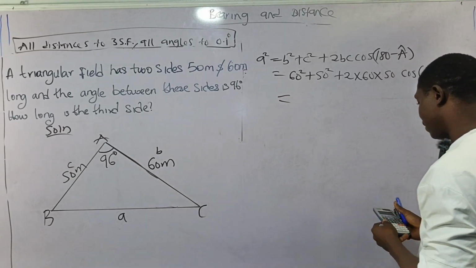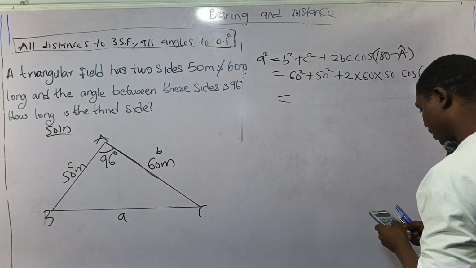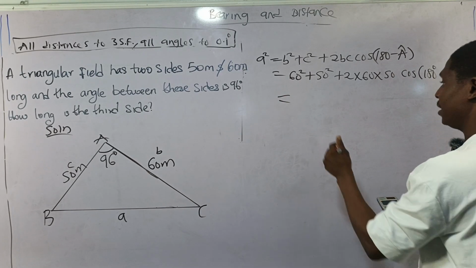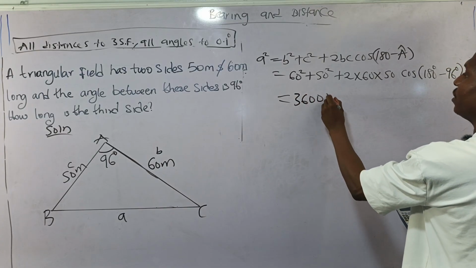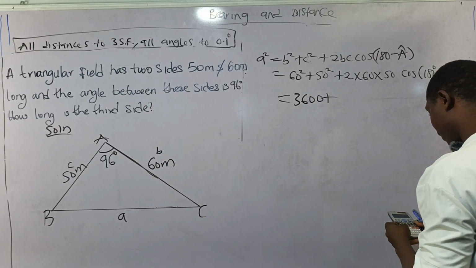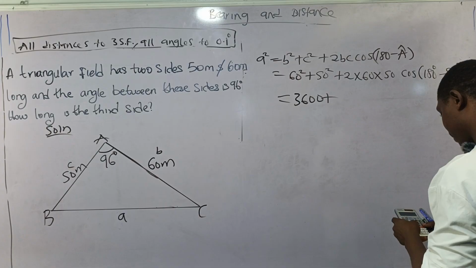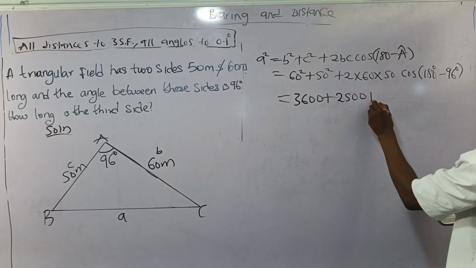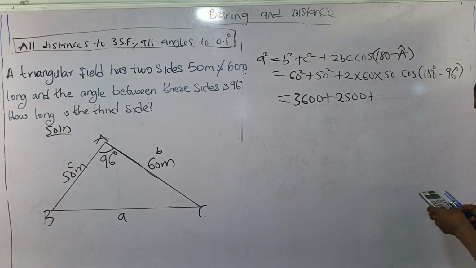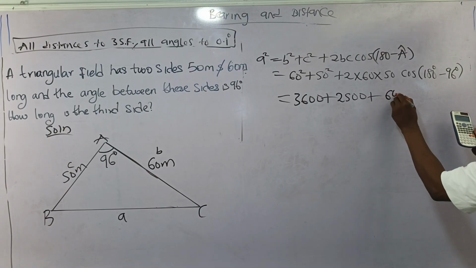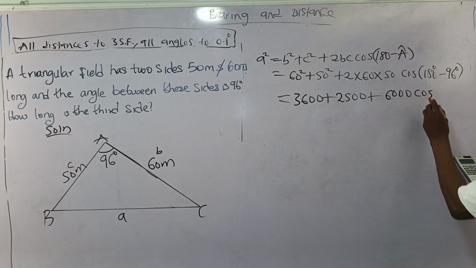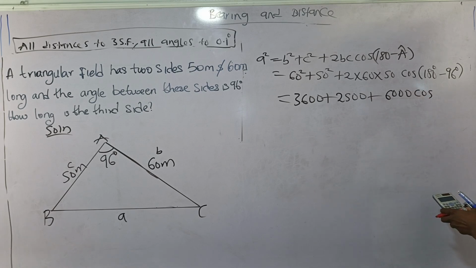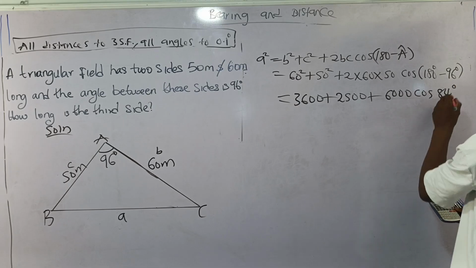And this will give me 60 square is 3,600, 50 square is 2,500. And I have plus 2 times 60 times 50 to give me 6,000 cos 180 minus 96 gives me 84 degrees.